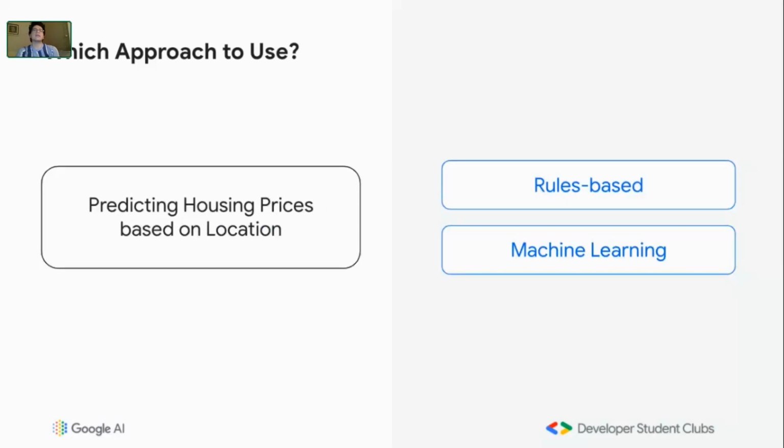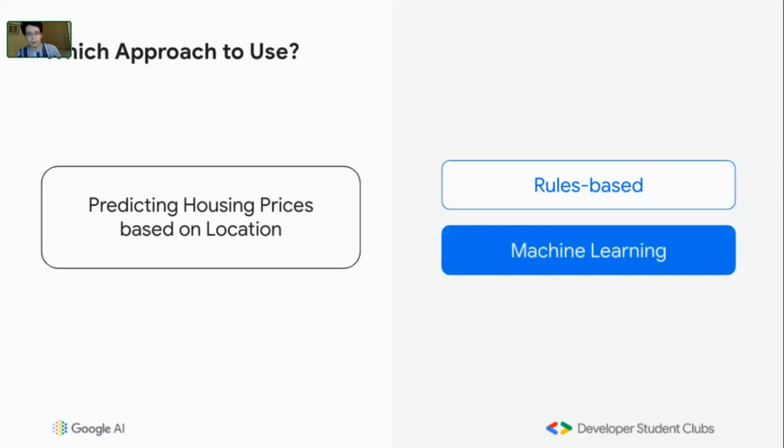So, predicting housing prices based on location. Okay, I see ML, deep learning, and ML. Okay, pretty cool. Let's see what you guys did. I don't see any R's. Yes, machine learning.